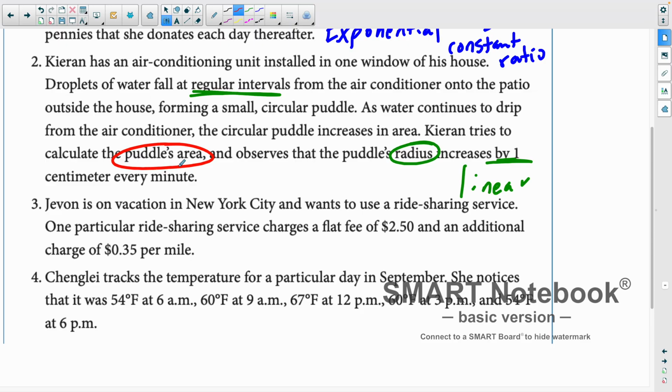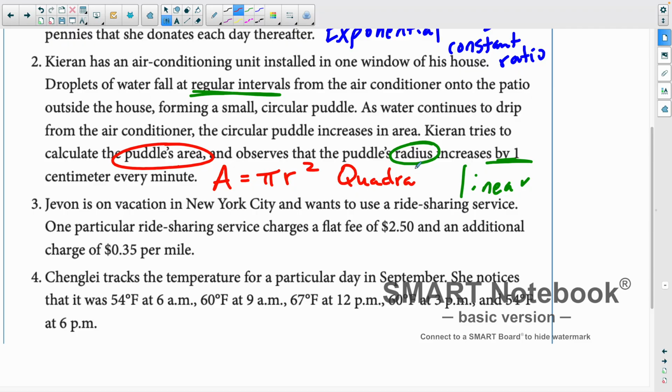A circle. So what's the area for a circle? Pi r squared. Okay? And so, because it's saying area, what does that look like to you? Not exponential. That's quadratic.